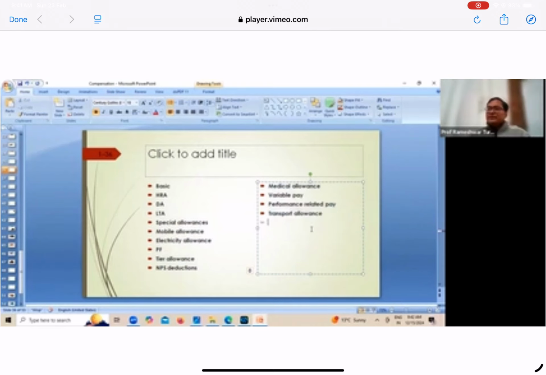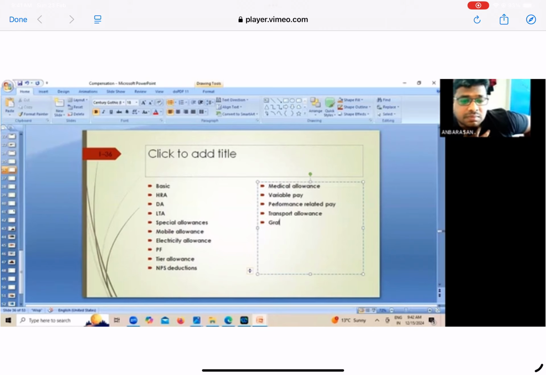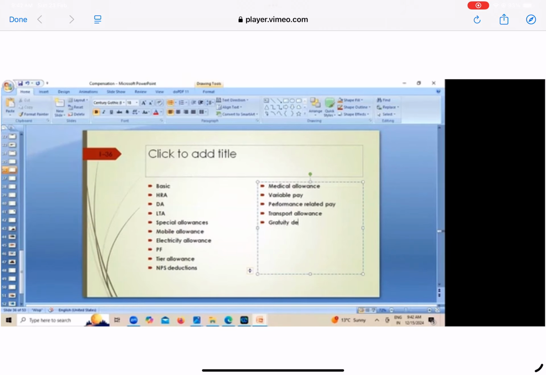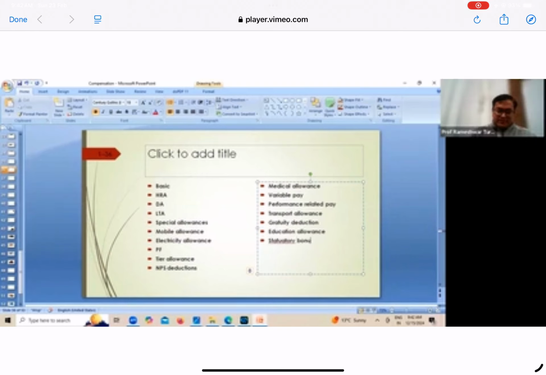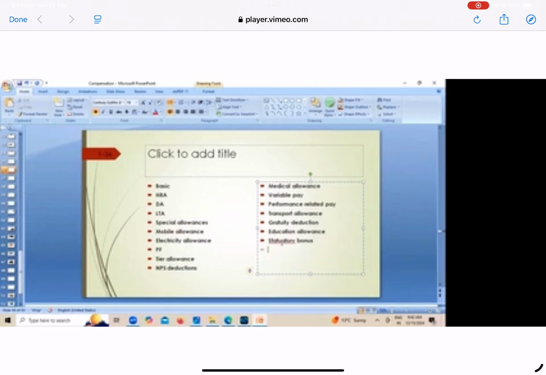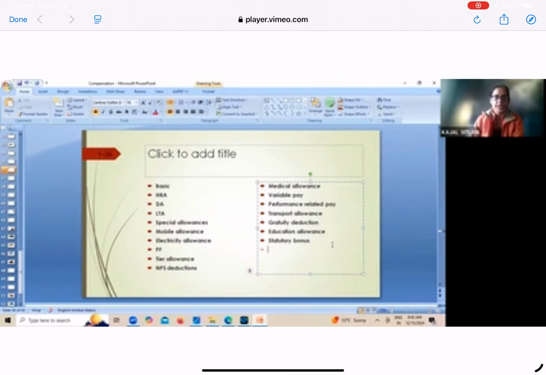The gratuity deduction. Professional tax. Educational allowance. Statutory bonus. Is there a statutory bonus for managers? No, it is for someone who is drawing less than or equivalent to 21,000. Okay. Statutory bonus. What else?